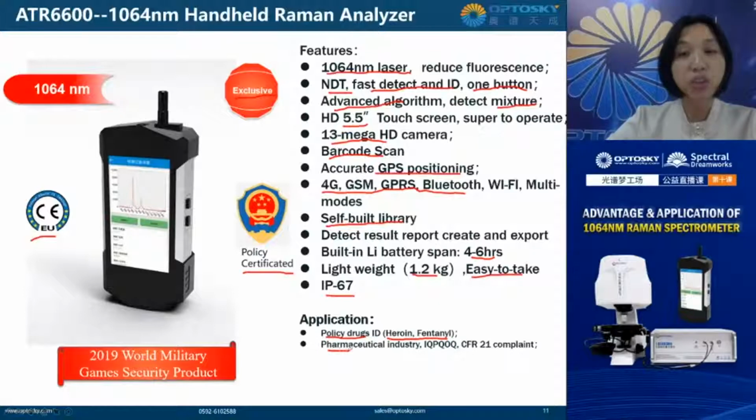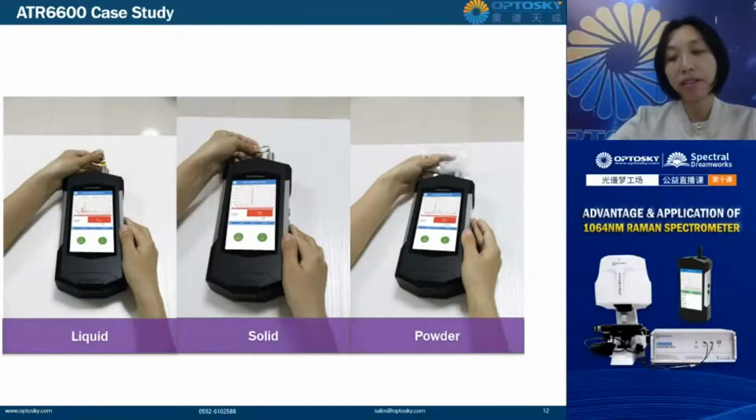And we also use it in the pharmaceutical industry, to identify raw materials and excipients. And our instruments can well comply with 21 CFR compliance, and can also provide IQ, PQ, OQ compliance.